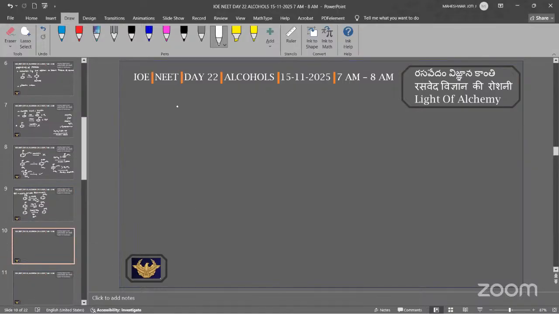Now, another reagent, diazomethane. Phenol, when it is allowed to react with CH2N2, right? Then it gives OCH3, methoxybenzene, and nitrogen.